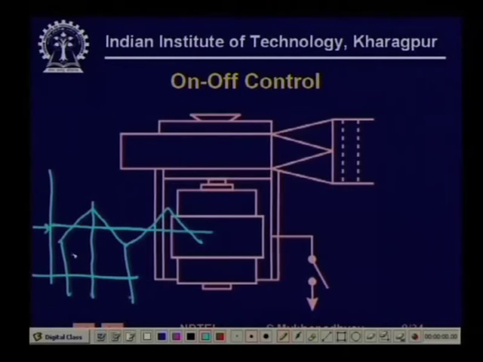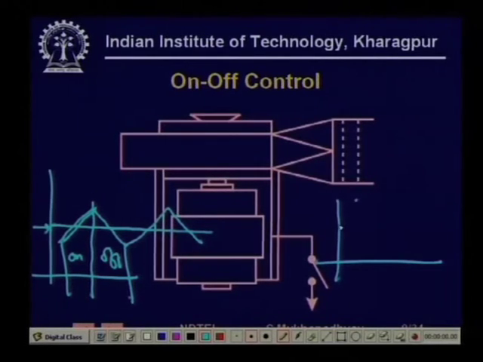So, this is on, this is off. So, basically the average value will be... rather, actually what will happen is that it will not rise slowly, because the time constant will be fast enough, rather it will be like this.